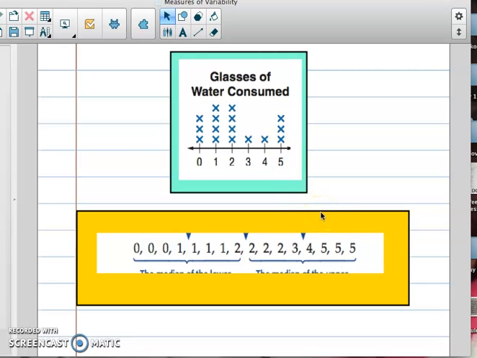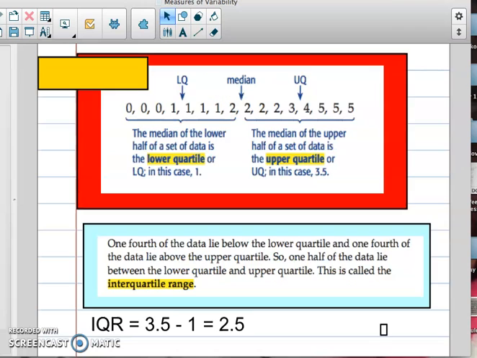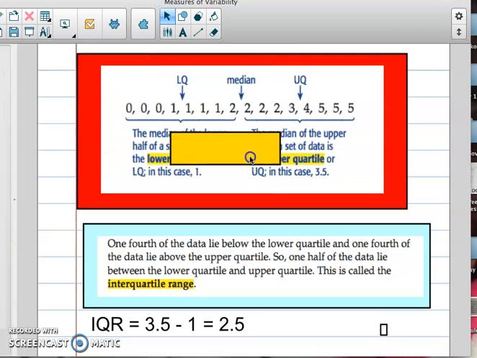Now, what we're gonna do is arrange the data from lowest to the highest, right? But with this dot plot, it will already be arranged for you. We just have to copy it down. So that's 0, 0, that's from here. Then 1, 1, 1, 1, that's from here, and 4 2s, and then we have 3 and 4, and then 5, 5, 5. And then we find the median. So there are 16 of them if you count.